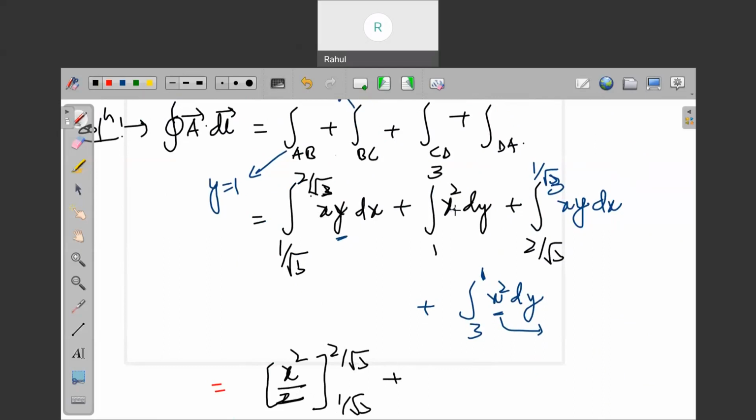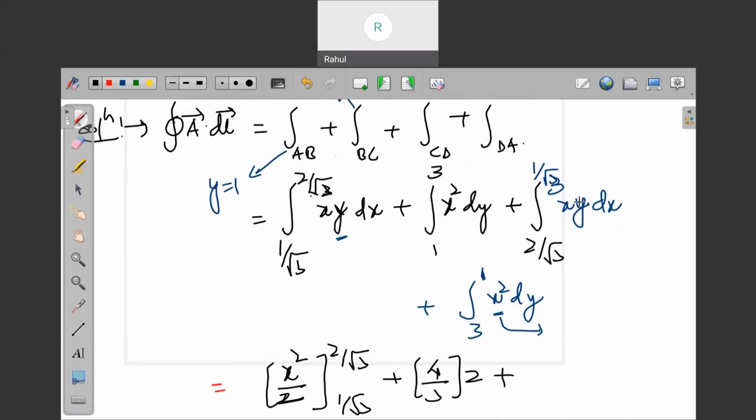Then plus, you can see here this is 2 by root 3, and you have to square that, so 4 by 3. Here we can directly write 4 by 3. And now the constant inside the integral, so you can say 3 minus 1, that is 2.